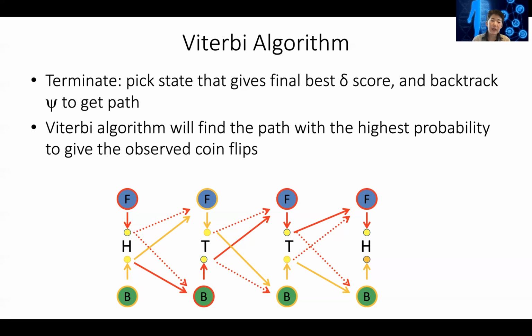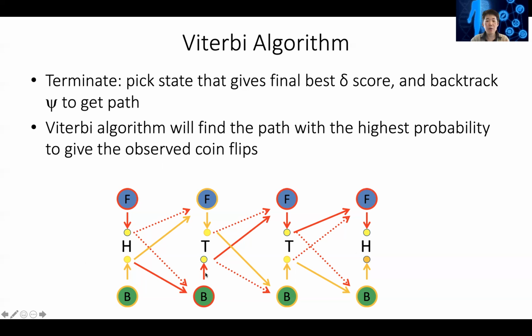The difference between Viterbi and the forward-backward procedure is this. Remember we mentioned that to see this particular coin flip, there are a gazillion different ways you could use the coins. There are different paths, and every path has a probability of giving you this head, tail, tail, head coin flip.